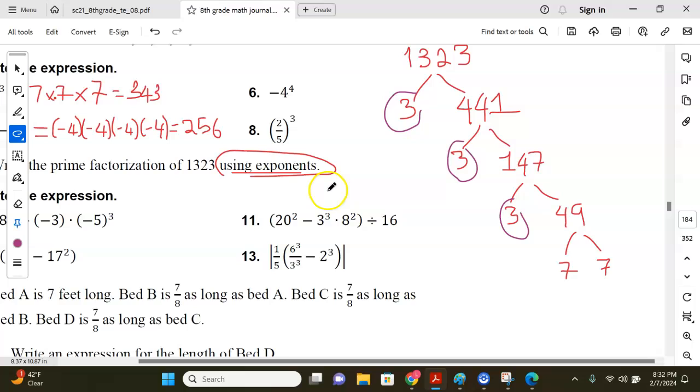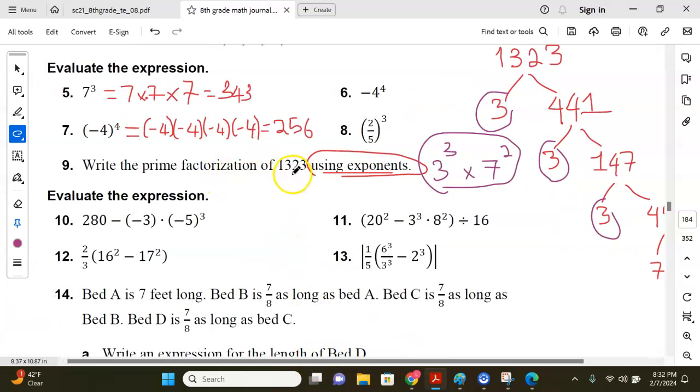So from there I can go ahead and say it's going to be 3 to the third power times 7 to the second power. So the answer for this is 3 to the third times 7 to the second. And that is how you factor 1323 using exponents. Okay, they want you to write that in terms of exponent expressions.